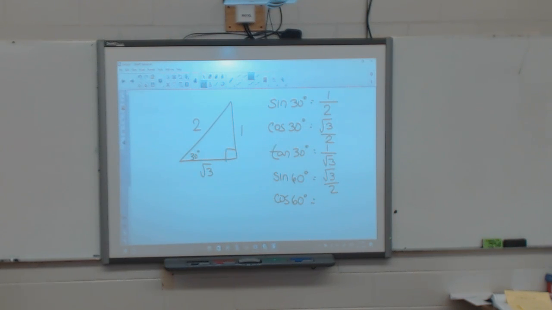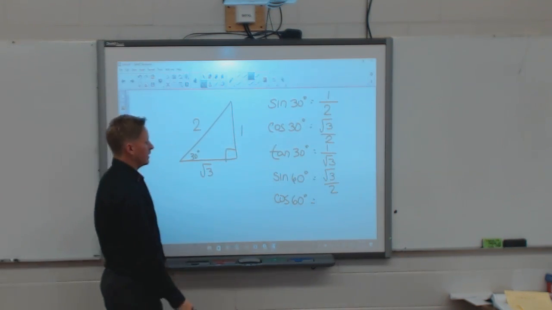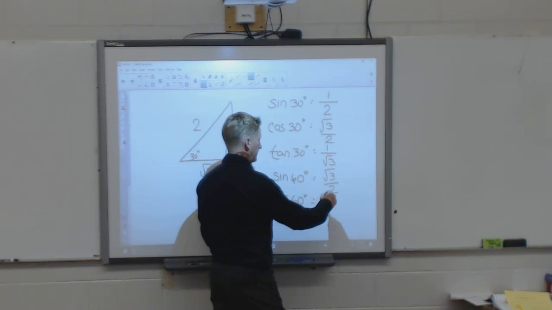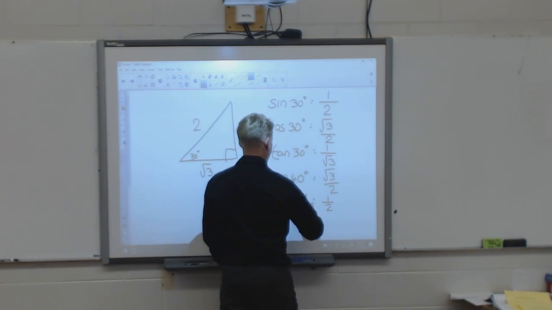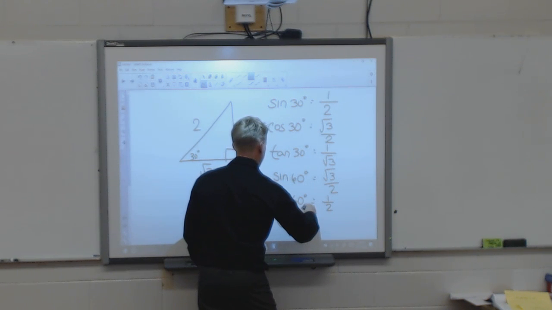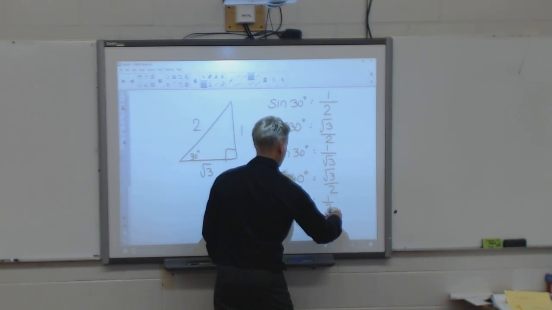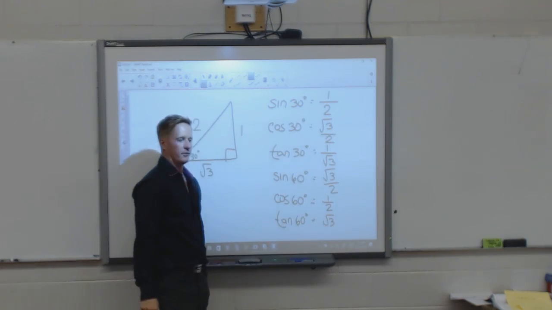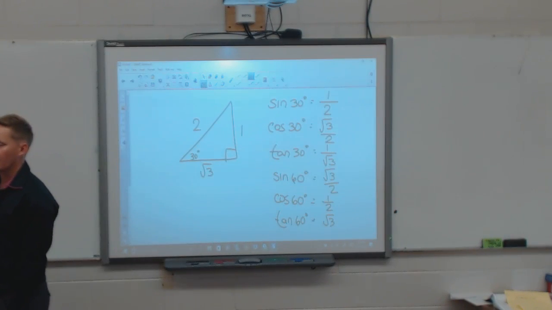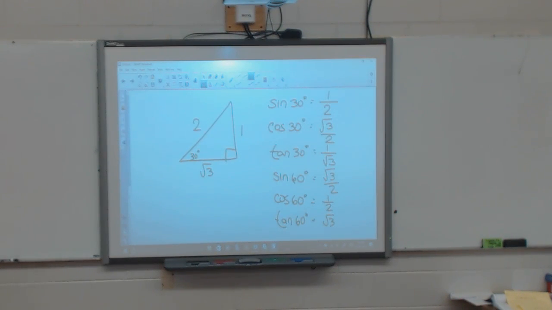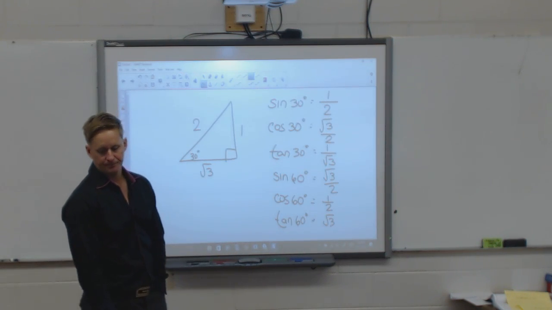We have to be able to instantly calculate these ratios. Cos of 60 is what? 1/2. And tan of 60 is root 3 over 1. Those ratios are going to be massively important to you as we move ahead.